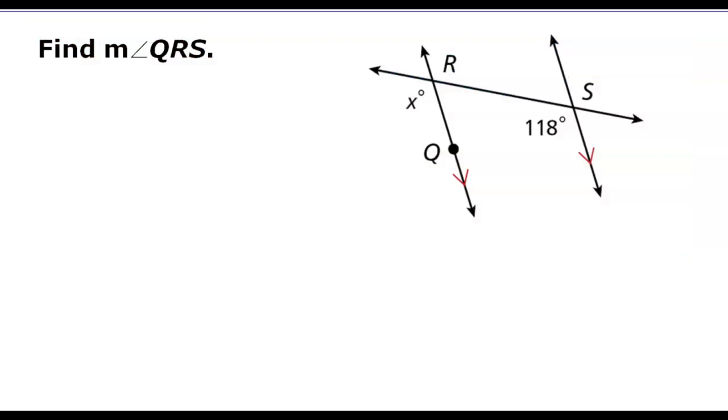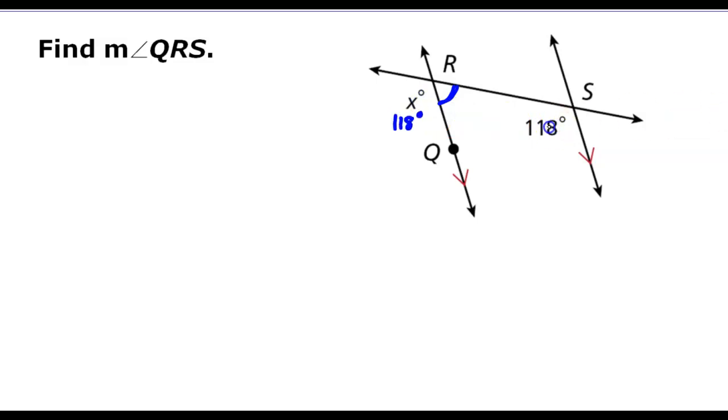So let's look at how we could actually use this. It says find angle QRS. So angle QRS would be this angle right here. Well, what do we know? We know that we have parallel lines because of the red arrows here, and 118 would be a corresponding angle with this X right here. So this right here would be 118 degrees.